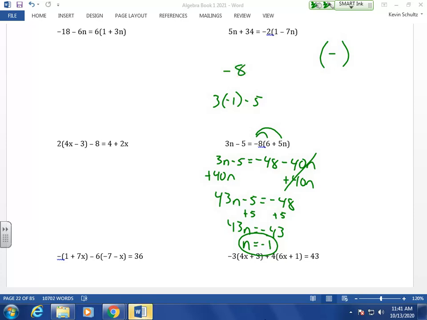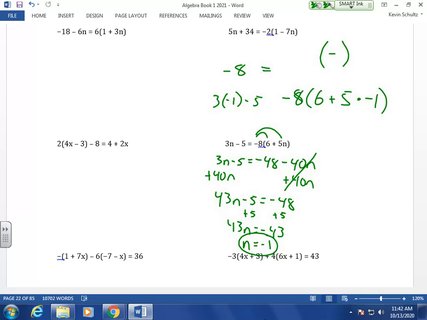So just write that down, store it, remember it. And on the other side, again in your calculator, -8, 6 plus 5 times -1. And if you don't get -8, then you have to look back and see where you went wrong. But you do.